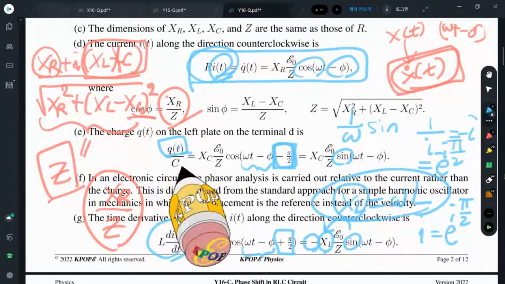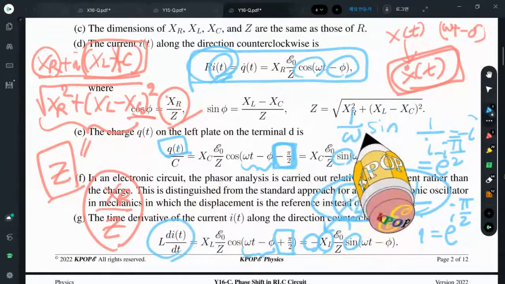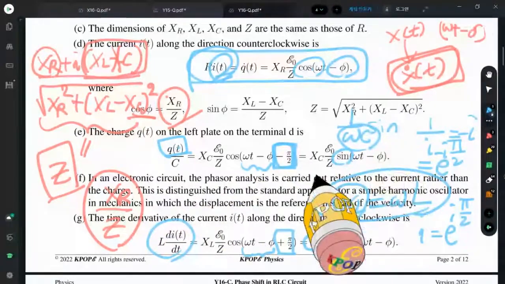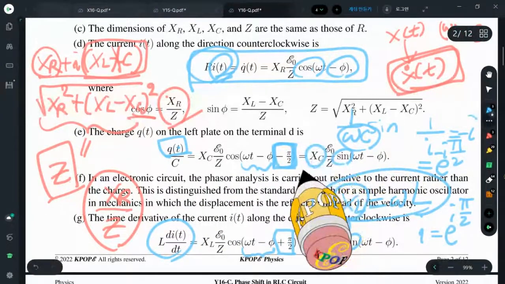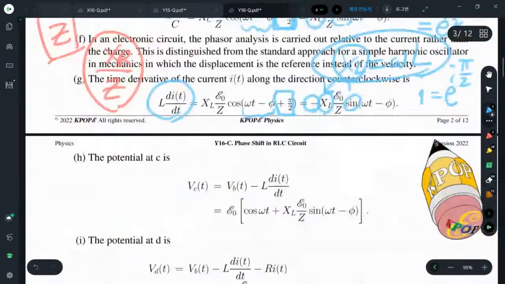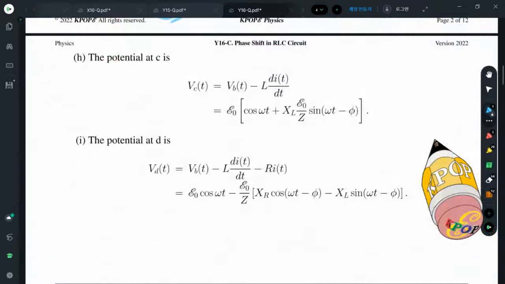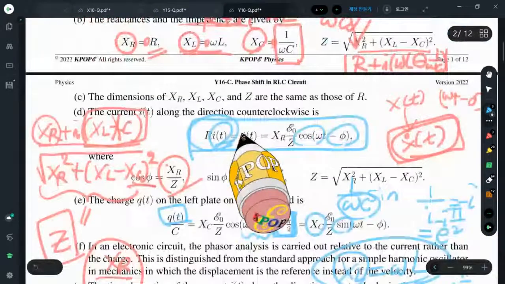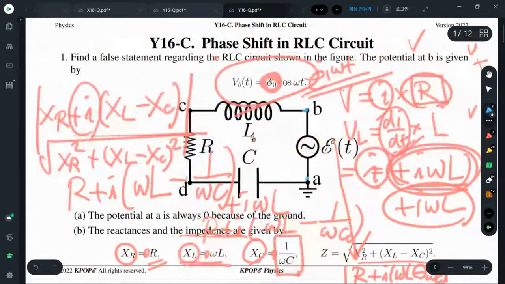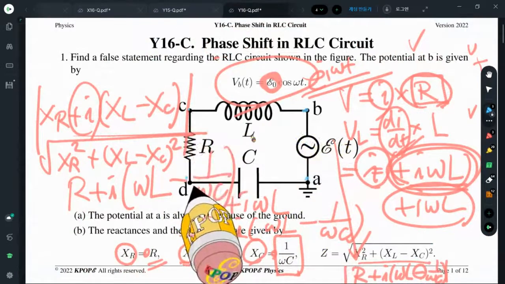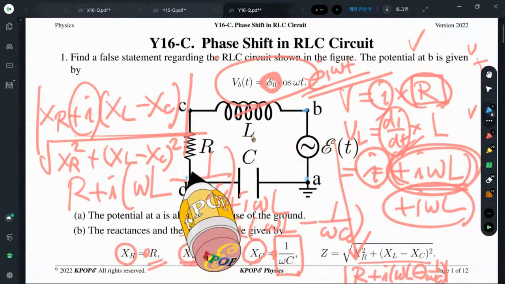Q over C. This C is to be multiplied by omega in the denominator, and 1 over omega C is XC, the reactance for the capacitance. All right, so if you combine everything together, you will be able to find the potential at every point.